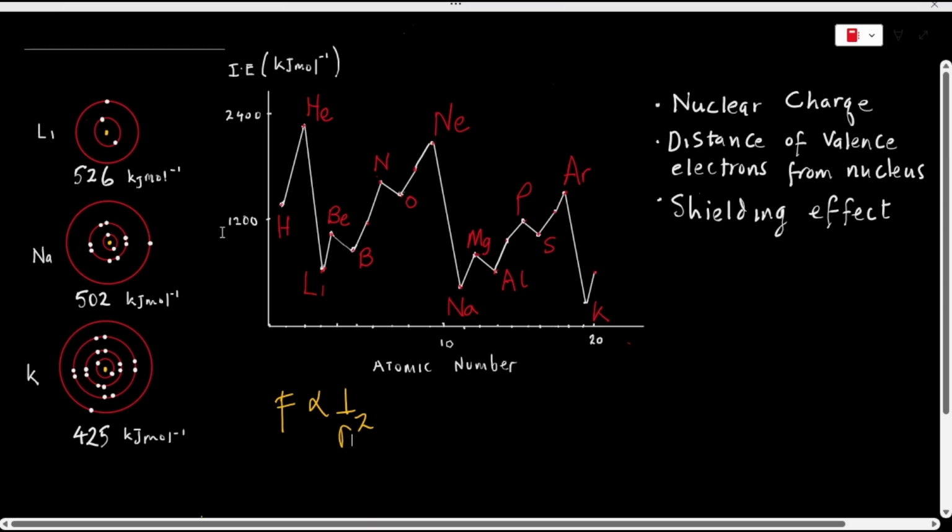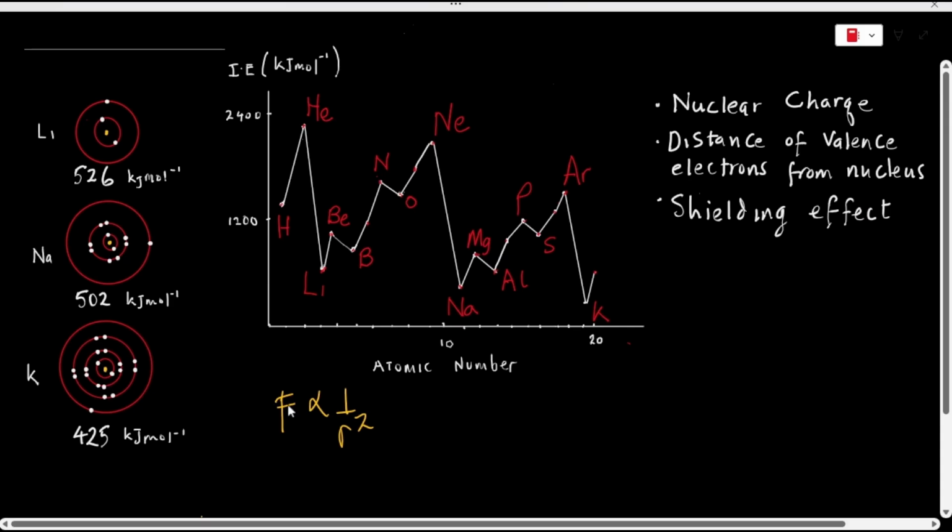You should take note that with lithium, there is one lower energy shell below the outermost shell. With sodium, we have 2 lower principal quantum energy shells with a shielding constant of 10 electrons, and with potassium we have 3 principal quantum energy shells below the valence shell, which contains 1 electron.